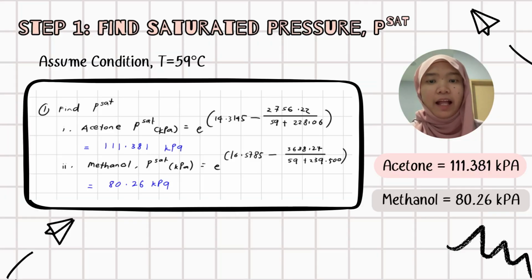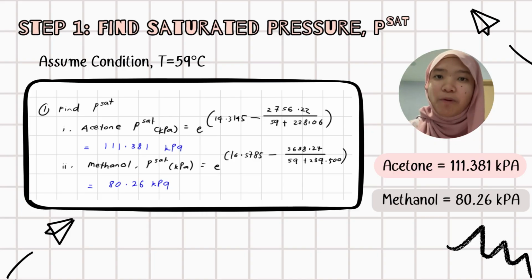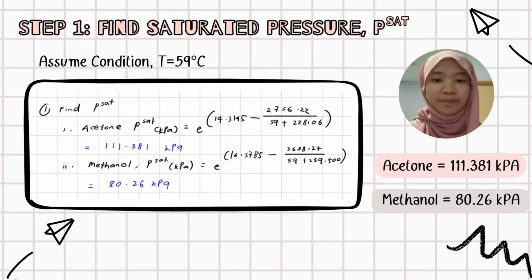The acetone saturated pressure is 111.381 kPa, meanwhile the methanol is 80.26 kPa. This means that acetone is more volatile and more easily evaporated compared to methanol.